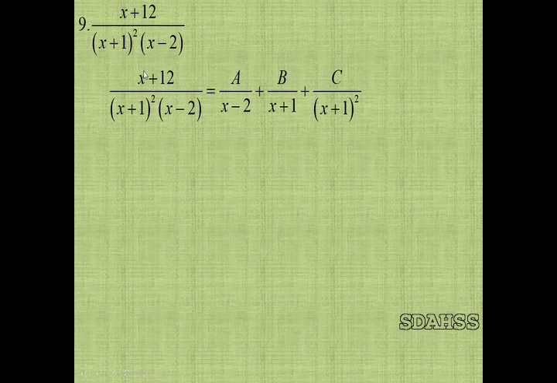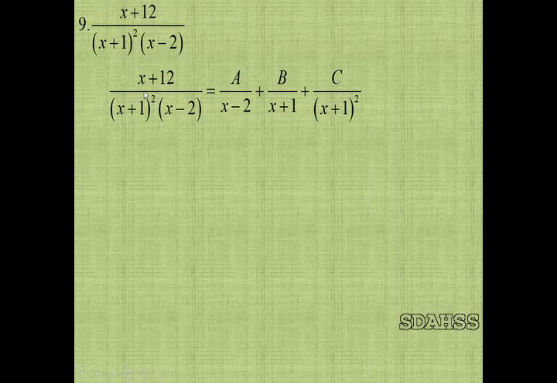Next, the sum: (x plus 12) divided by (x plus 1) whole square into (x minus 2). So this can be written as a by the factor x minus 2, plus, for the x plus 1 whole square term that is given in the question, it can be written as b by x plus 1 plus c by x plus 1 whole square.